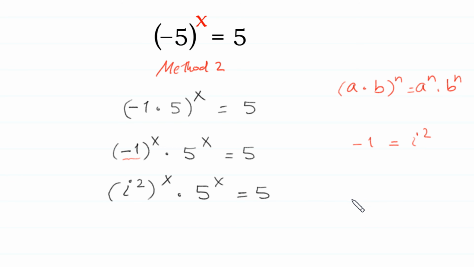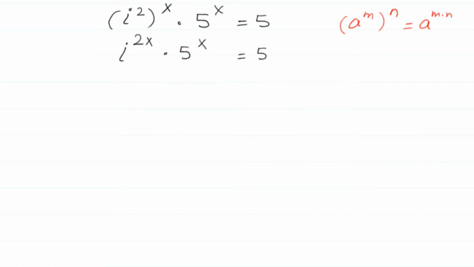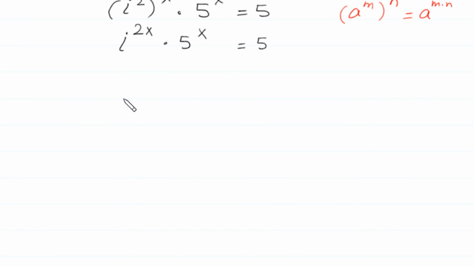And according to the property of exponents, a to the power m whole to the power n is equal to a to the power m times n. This power 2 will be multiplied by this power x. i to the power 2x times 5 to the power x is equal to 5. Now from here we take log of both sides.